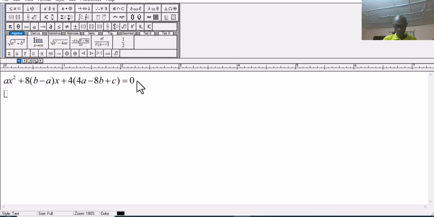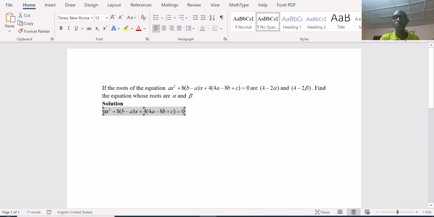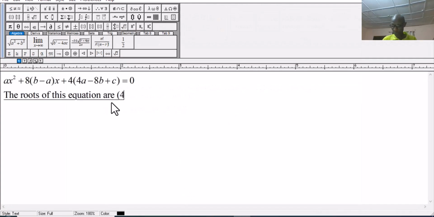The roots of this equation are 4 minus 2 alpha and 4 minus 2 beta. So these are the roots of this equation.